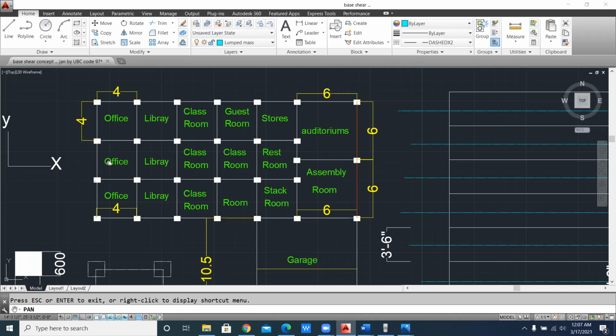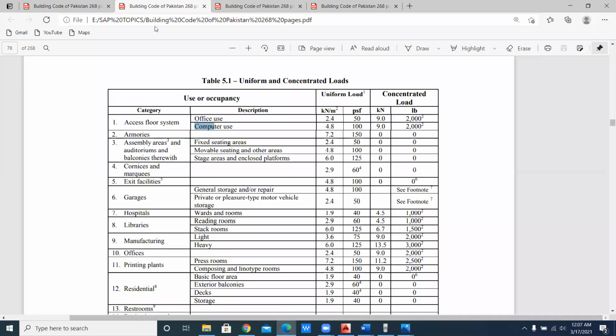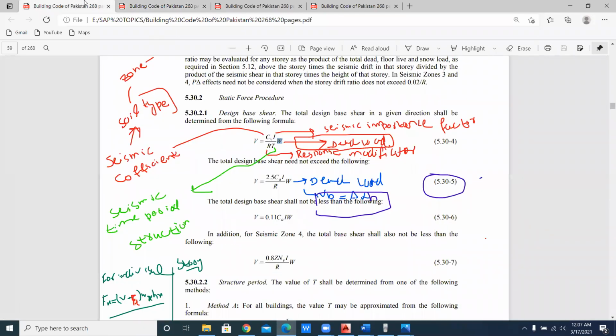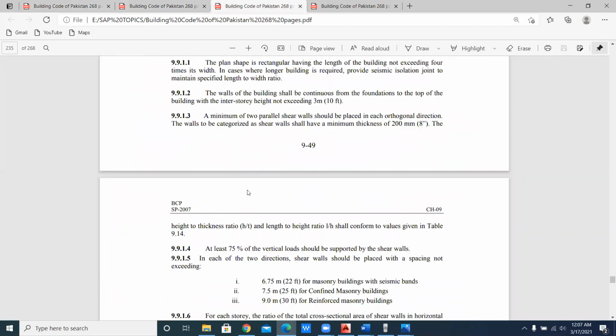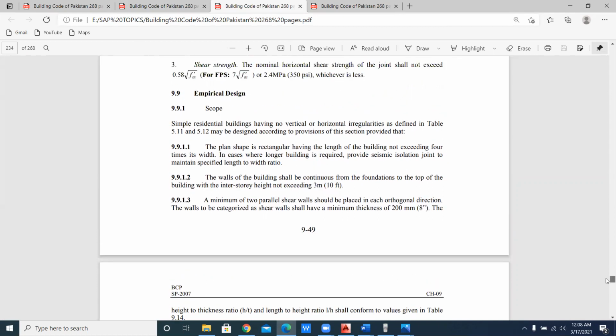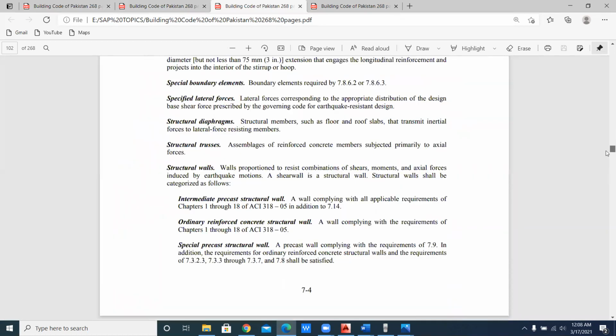So what does our code say about this? Code normally tells us that, if we open page 525, I will open the duplicate here. I will go to 525, page number 25.